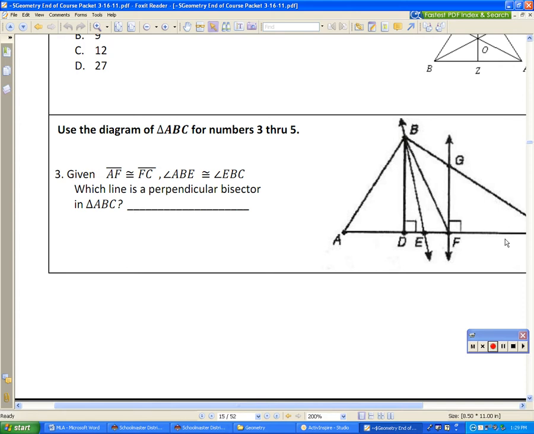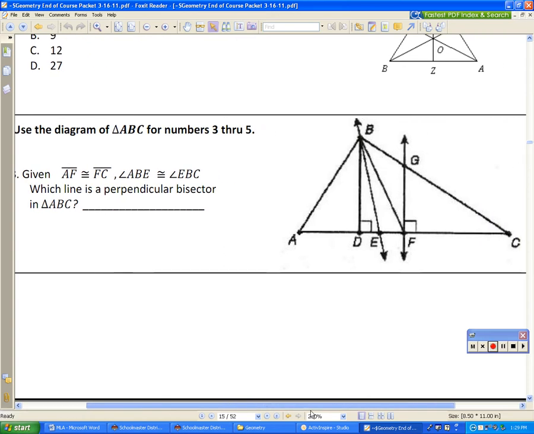All right, so given that AF is congruent to FC, so FC is hiding over there. Okay, and so this whole piece right here is congruent to that piece right there. And angle ABE is congruent to EBC. So these two little angles on the top are congruent.